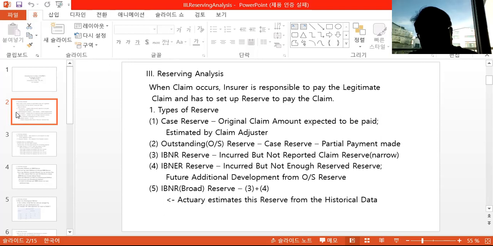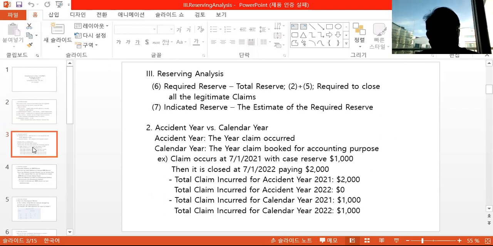And then the IBNR in the broad sense is item 3 plus item 4. Typically the actuary estimates this broad sense IBNR reserve from the historical data. Then there's also the required reserve.